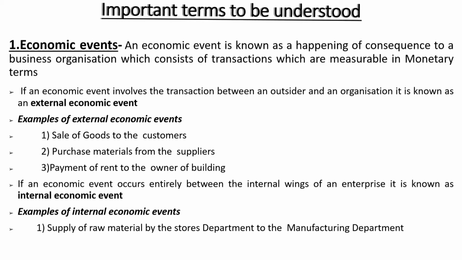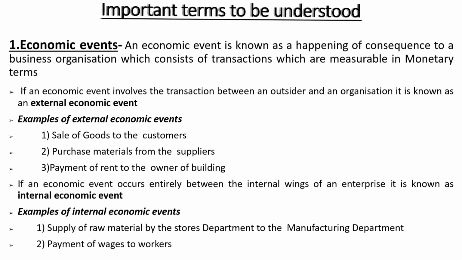The stores department procures raw materials from suppliers, stores them, and supplies them to the manufacturing department based on their demands. Here, the economic event happens because the raw materials are transferred to the manufacturing department. However, this is not an economic event with an outsider, so it is an internal economic event.